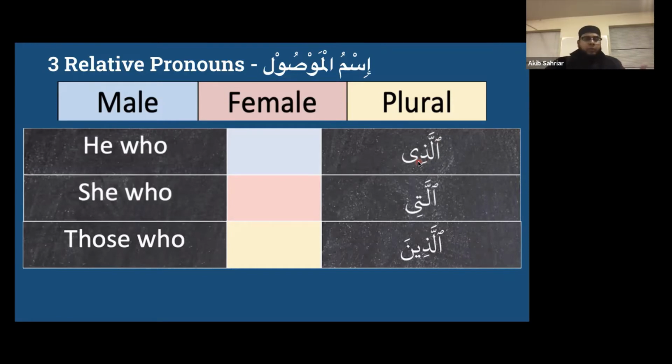The book that, or whatever the book's quality is. So that's alladhi for a masculine noun, person, object, or place. And then allati is for female, right? So very similar, just the difference between the two letters of dal and ta, right? Alladhi for male, and allati with the ta for female.